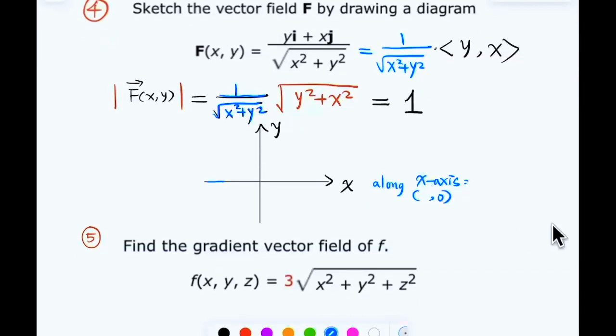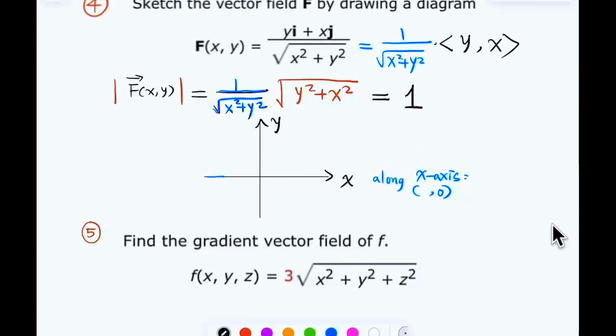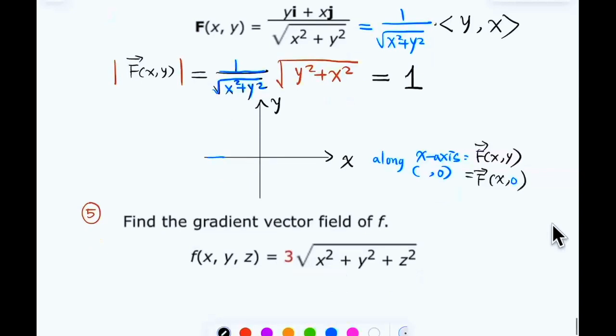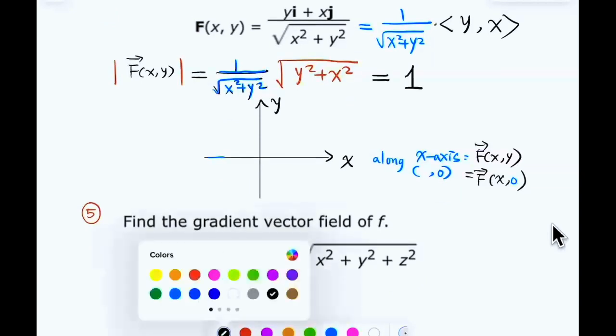So what will be f of x comma y? F of x comma y will be equal to f of x comma 0, right? Like that. So y will be 0.